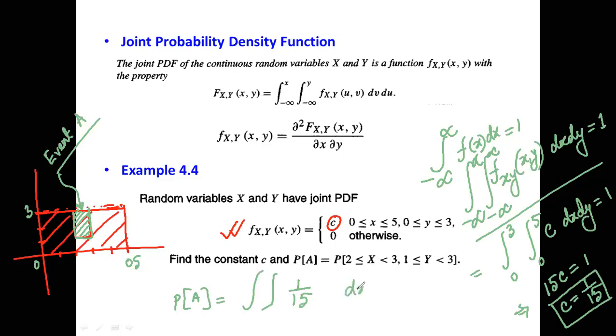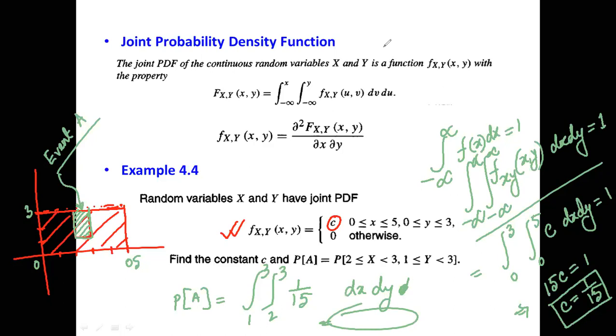The y limit is from 1 to 3, and the x limit is from 2 to 3, and then dx dy, that value can be easily calculated, isn't it? Yes, sir. And we can actually find out the result.